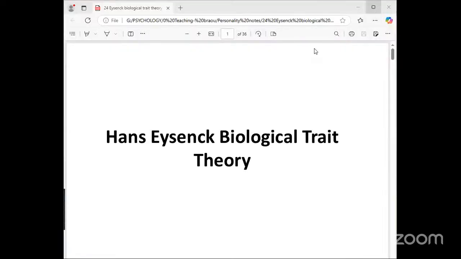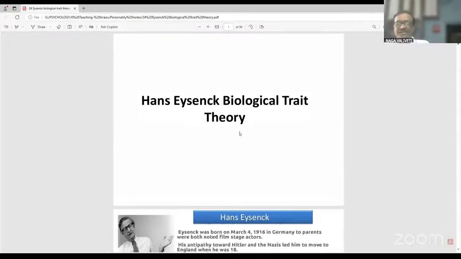Sir, one small doubt. For those 16 factor traits, can we measure them through a questionnaire or through a projective test also? Projective tests are different.